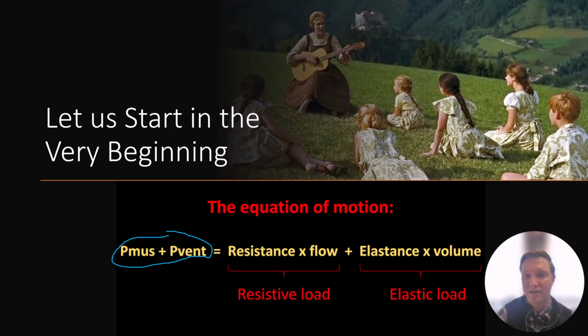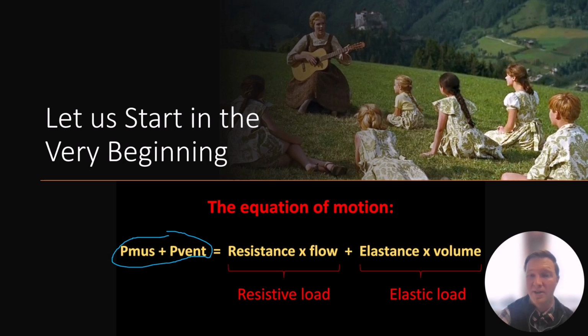The elastance, which is the other part here, think about that as the volume of your lung, how much you can contain. If your lungs are highly elastic, usually your volume's a little bit smaller, right? You're not able to stretch that tissue. You're not able to get as deep of a breath in there. So your brain tells your respiratory muscles, take a deep breath, work harder to get a deep breath because you can't stretch your lungs enough.